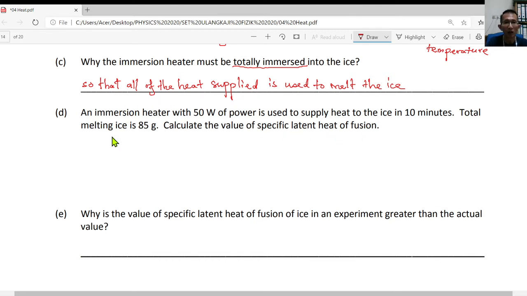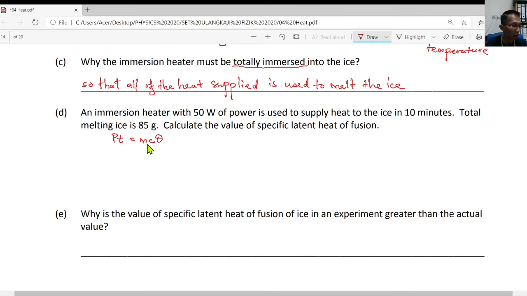So, supply by electricity, so Pt. Received by the ice, so mc theta. Correct? But here we are talking about melting of ice. Melting of ice is not about mc theta, because here we are dealing with melting, so the temperature remains constant.